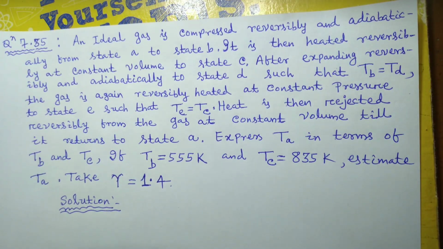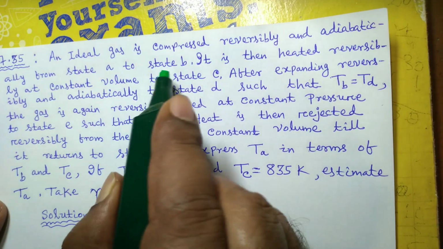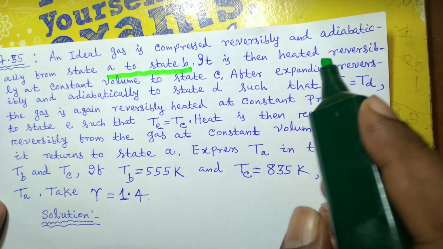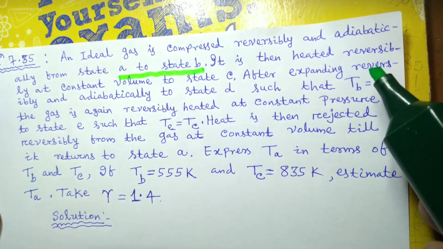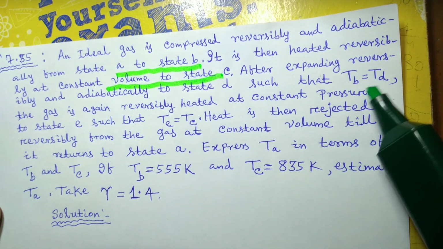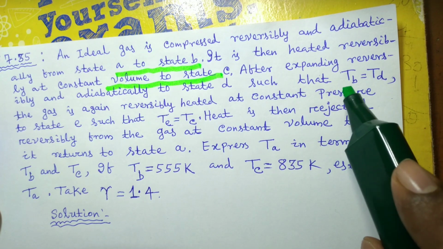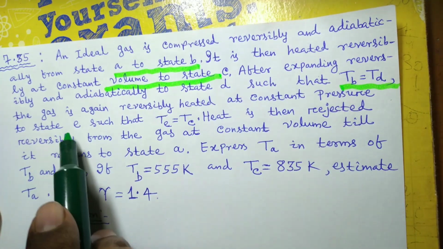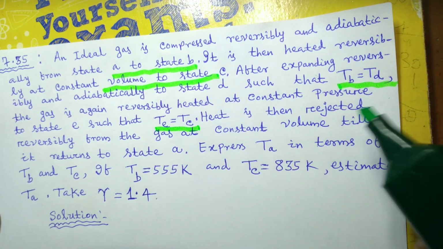An ideal gas is compressed reversibly and adiabatically from state A to state B. It is then heated reversibly at constant volume to state C. After expanding reversibly and adiabatically to state D, such that Tb is equal to Td, the gas is again reversibly heated at constant pressure to state E, such that T is equal to Tc.